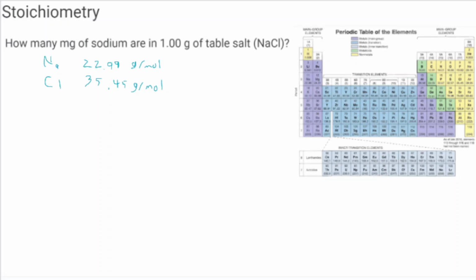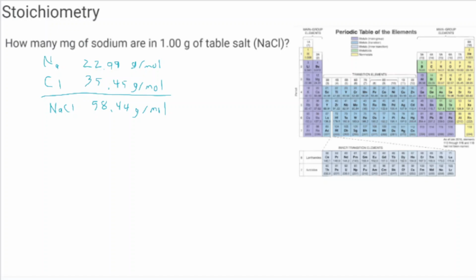We're going to add those together, and for sodium chloride, that'll give us 58.44 grams per mole. And this is normally a very good go-to for you. If you ever get stuck, molar mass is normally a good route to go.